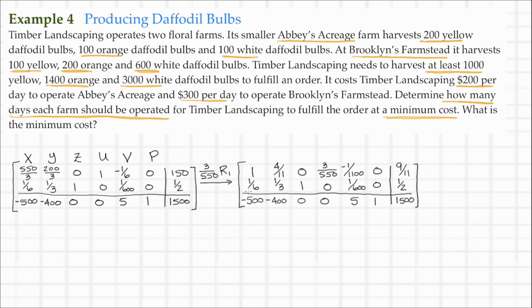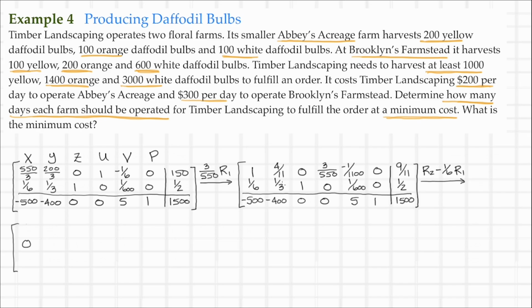And now we could target this value here. So we'll say row 2 minus 1/6 of row 1. We'll continue down here. 1 times 1/6 is 1/6. 1/6 minus 1/6, that's 0. 4/11 times 1/6, that's 2/33.